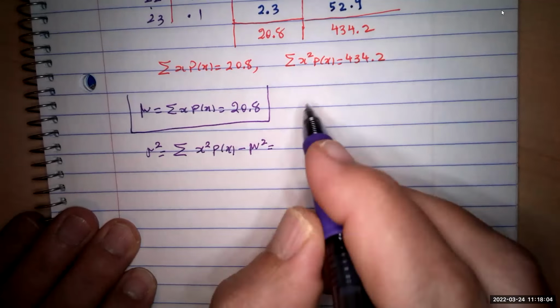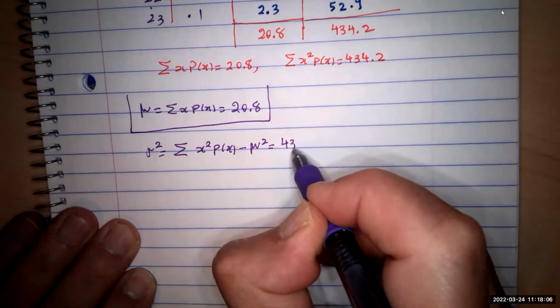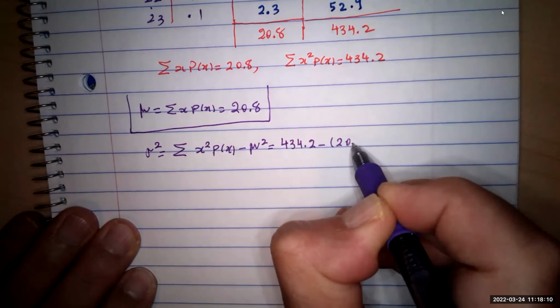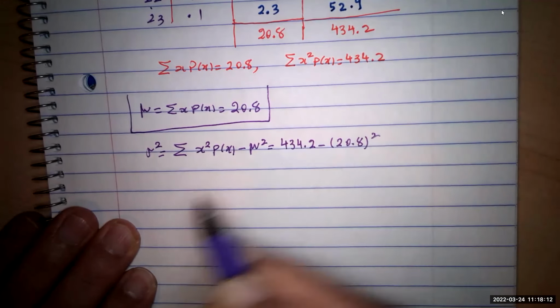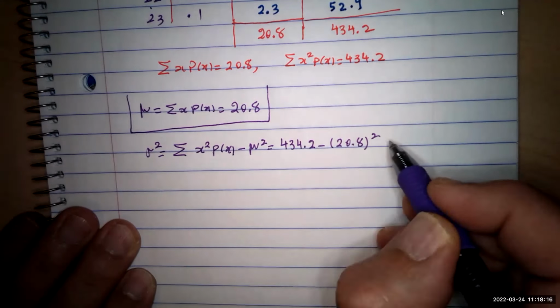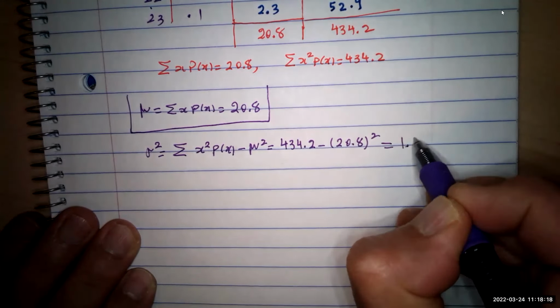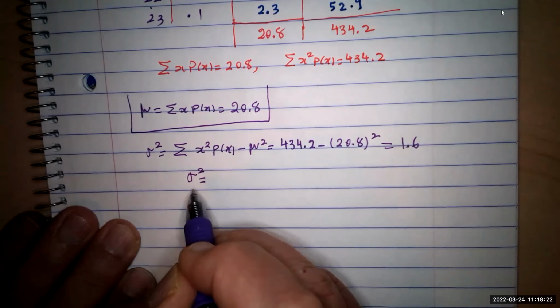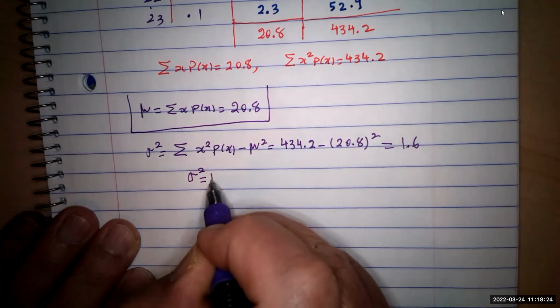Sigma x squared P(x) is 434.2 minus mu squared, 20.8 squared. Use your calculator, the result should be 1.6. So the variance is 1.6.